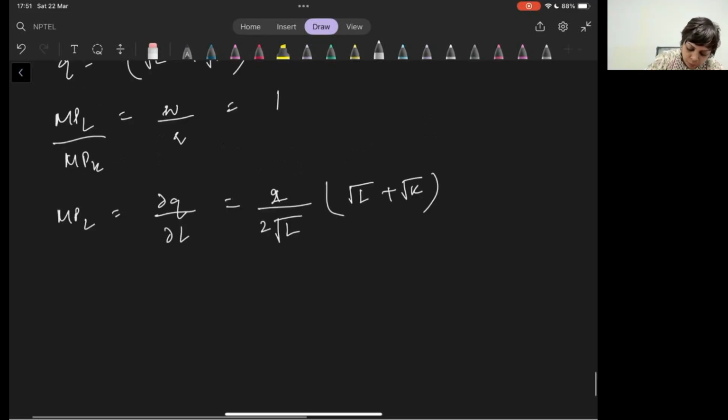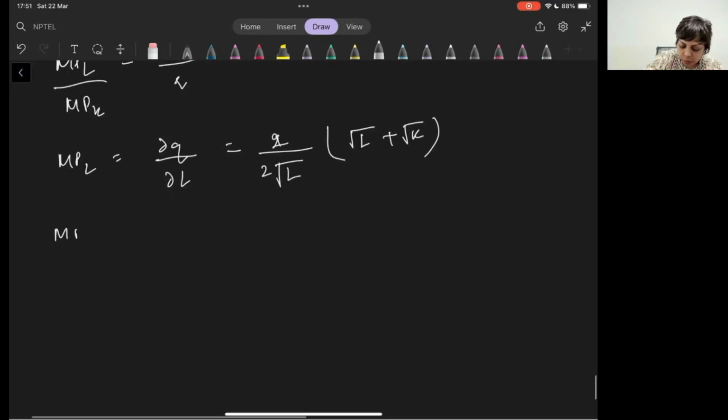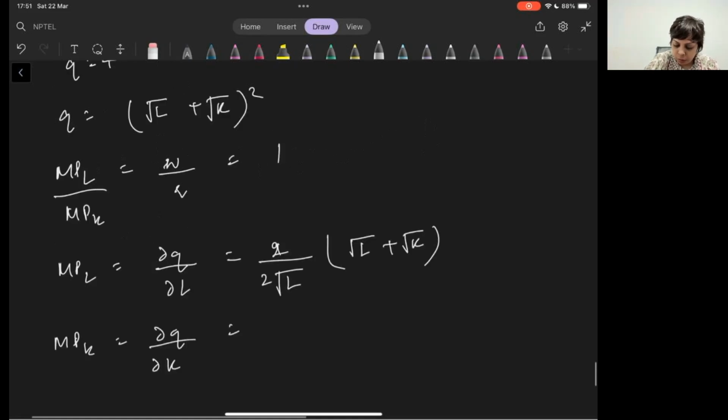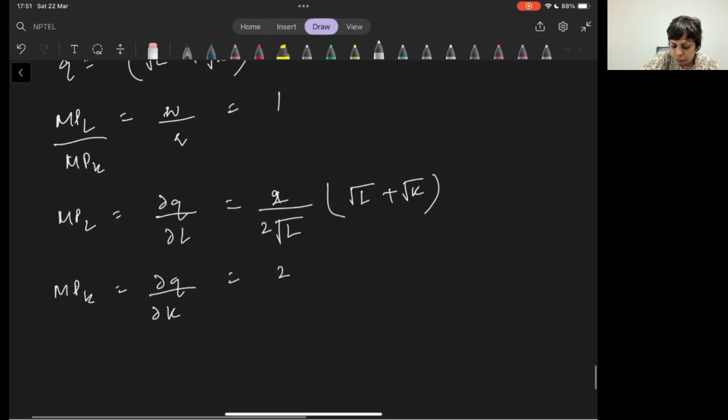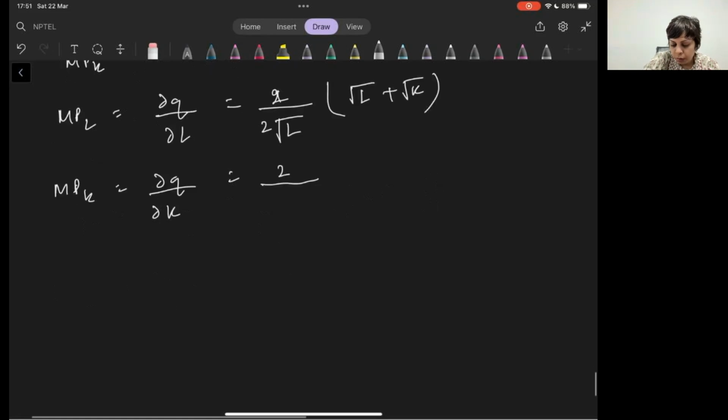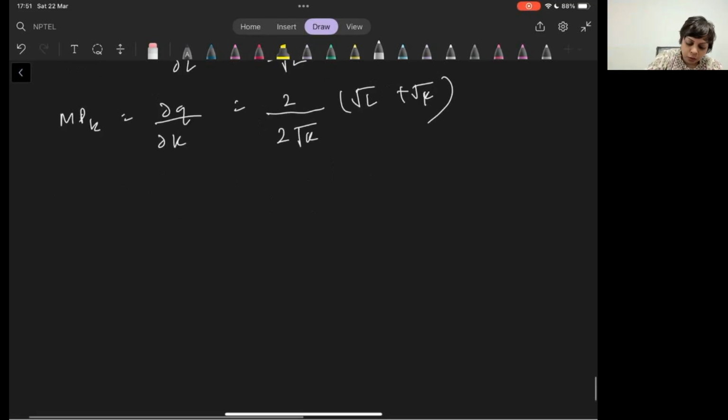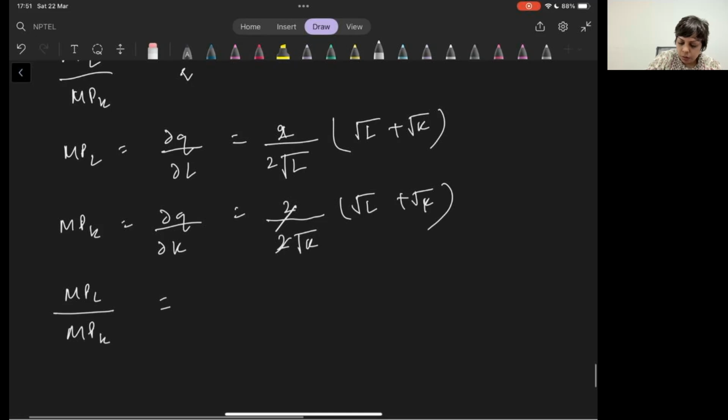Now MPK is del Q by del K. This will also be the similar thing. 2 upon 2 root K into root L plus root K. Okay, so MPL upon MPK. So this 2, 2, this 2, 2, this is all going to get cancelled.